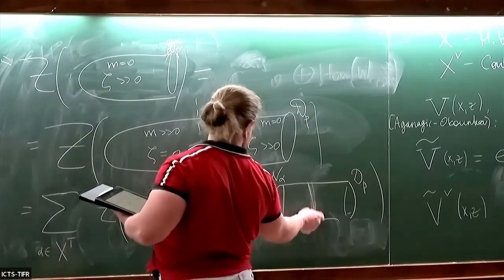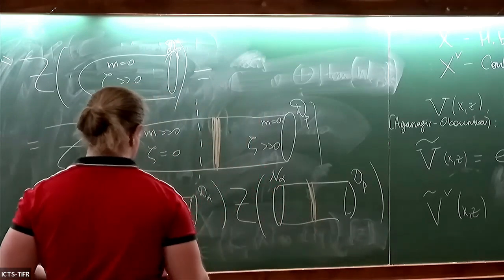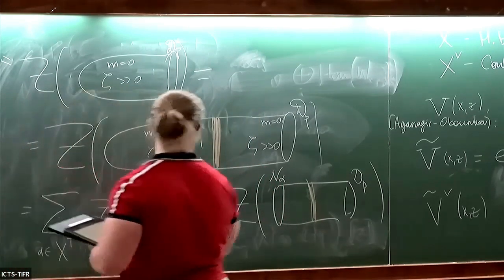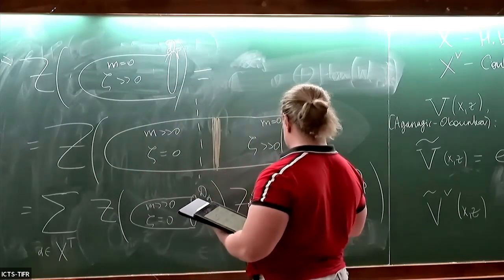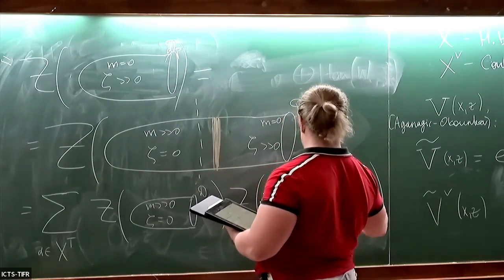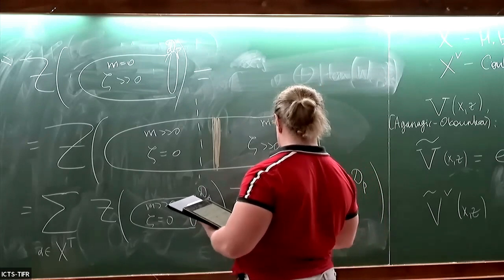And there's this interface such that mass is large here, 0 here, and the phi parameter is the other way around.